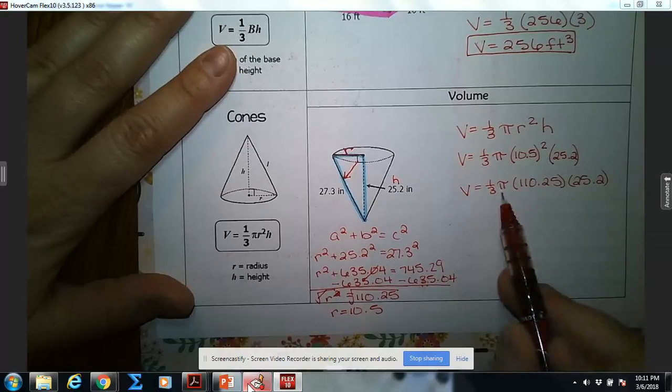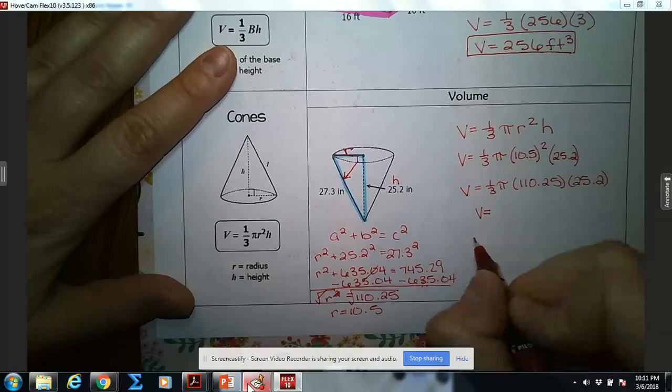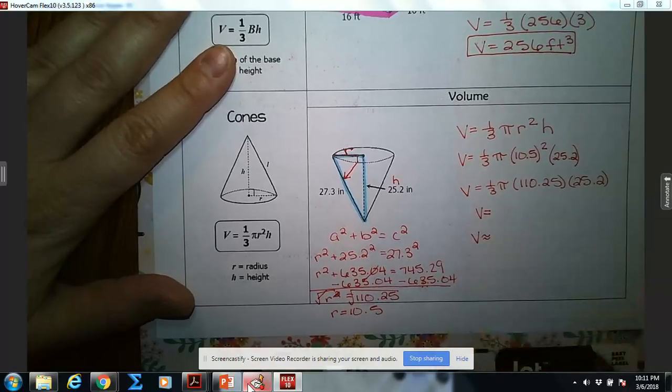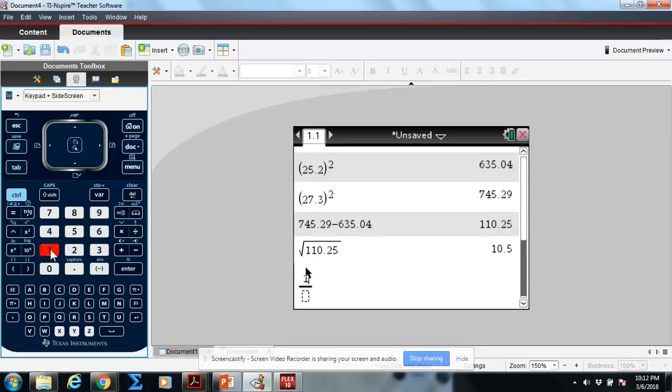All right, anytime we have a pi in our process, you're going to come up with an exact answer as well as a rounded answer, because you don't know what type of answer choices are going to be available in your multiple choice. So first, for my exact answer, I'll type in everything except pi. 1/3 times 110.25 times 25.2.